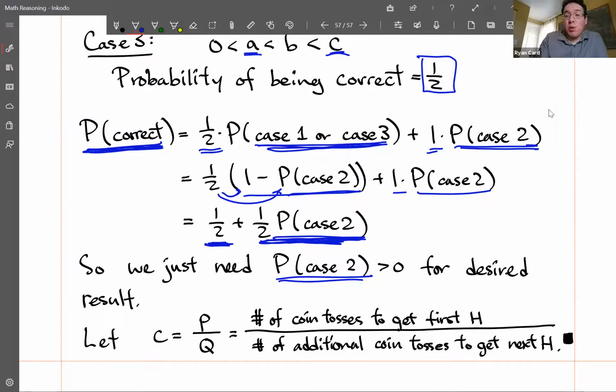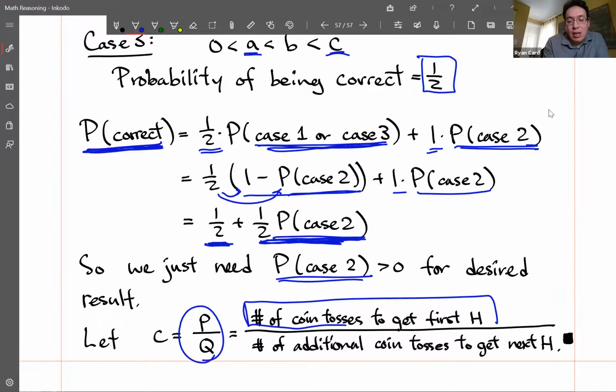Here's a more practical solution, and it uses the rational density theorem that we just proved today. We're going to create a rational number p divided by q. You start flipping your coins until you see 2 heads. The numerator is the number of coin tosses it takes you to get your first head.